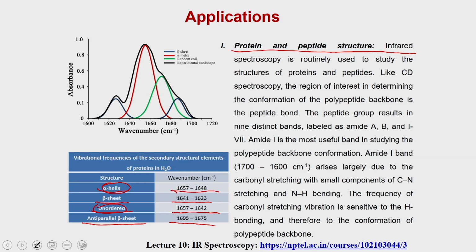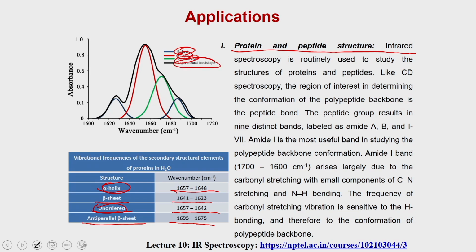All this is possible to characterize, because simply by looking at the absorption spectra, you can see the beta sheets, alpha helix, random coils, or the experimental band.